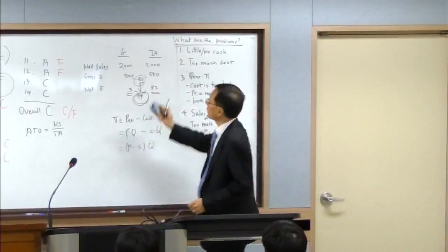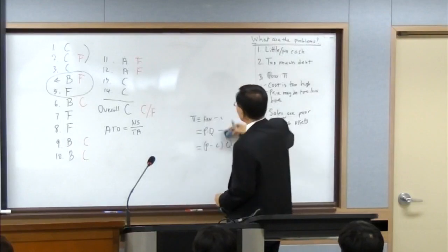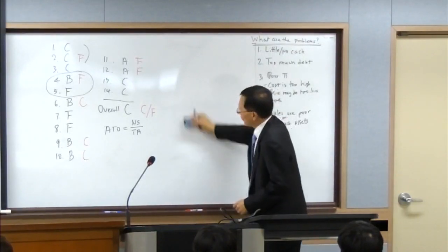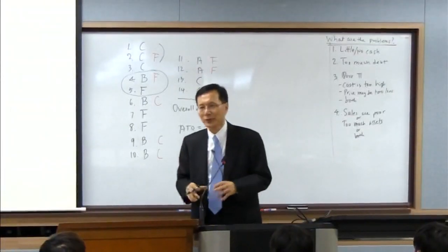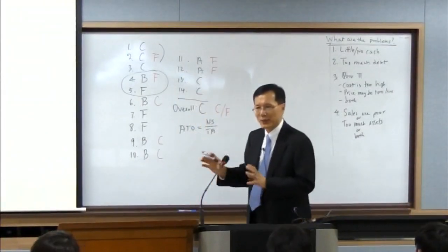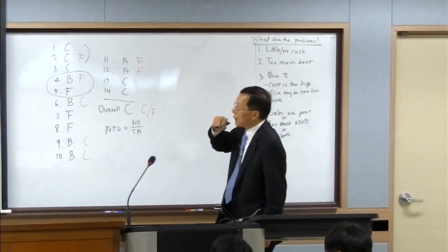Okay. One more thing I'll do, and then the rest of it I'll do on Wednesday next week. Tuesday again I will do a review session. So Wednesday I will finish up this discussion of financial ratios.